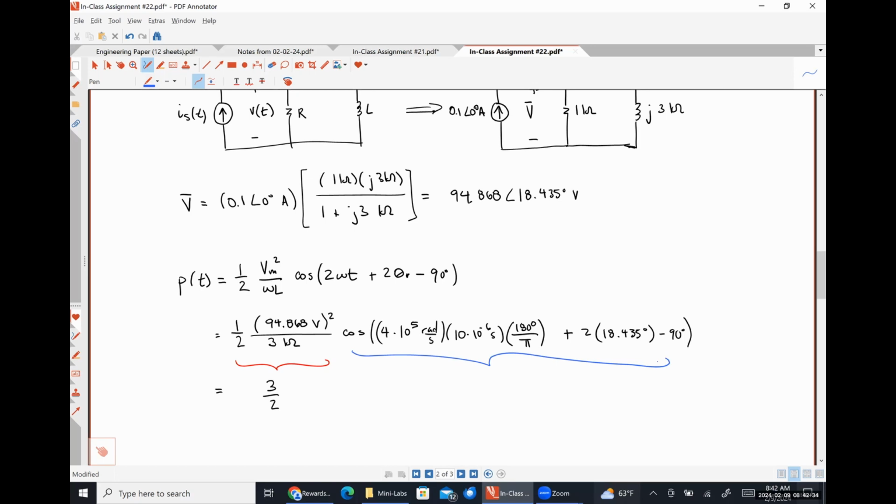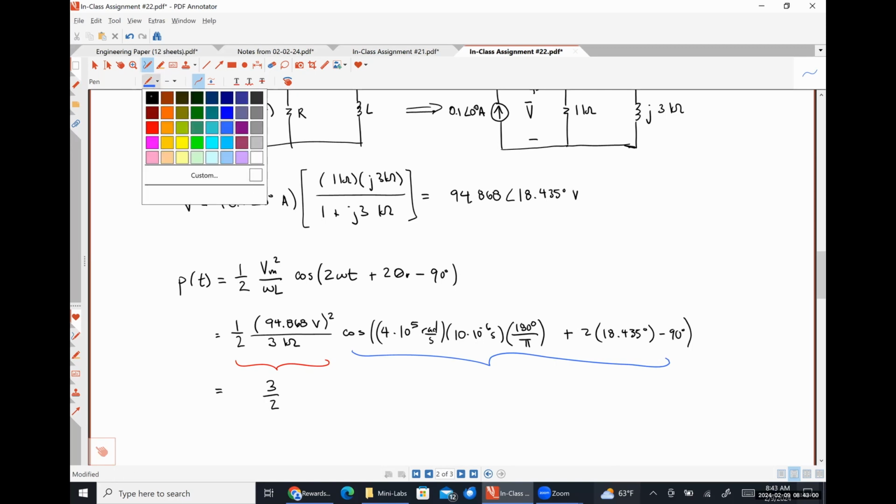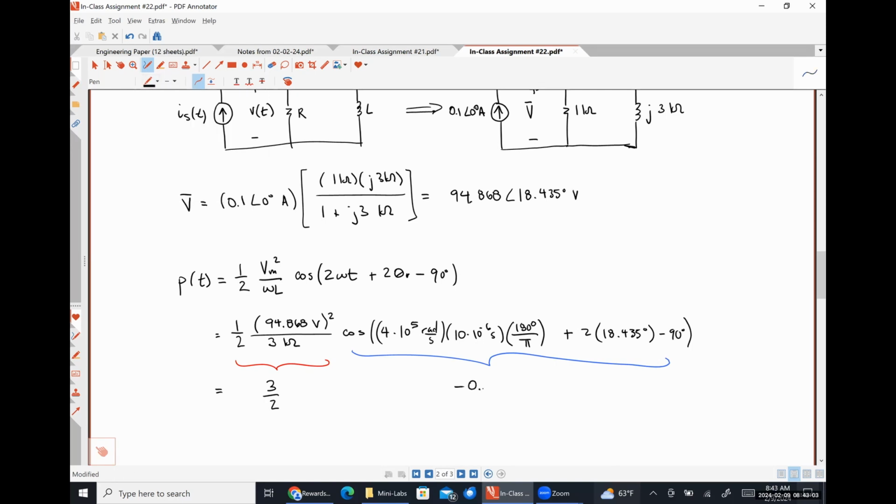So the cosine of 4 times 10 to the 5 times 10 times 10 to the minus 6 times 180 over pi plus twice the angle of what I have in my calculator as x, minus 90. I get that bit looks like negative 0.9976, so 998 after rounding.